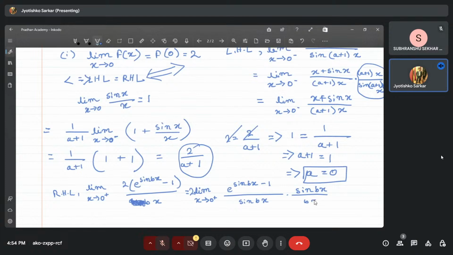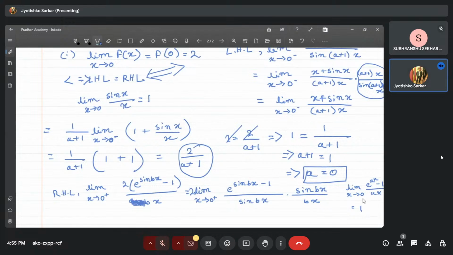Now we have already learned in class 11 that limit x tends to 0, e to the power ax minus 1 divided by ax is equal to 1.